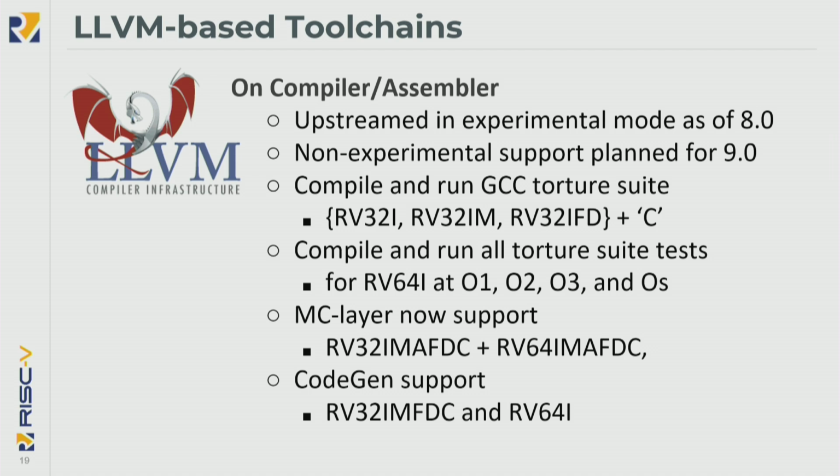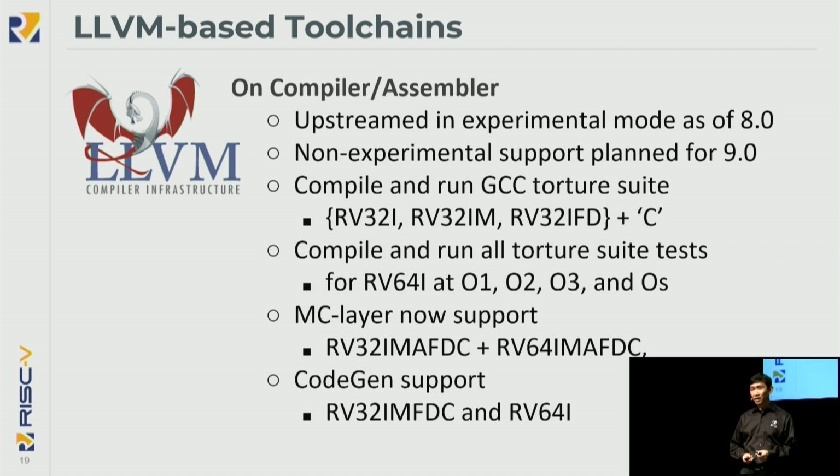Now, jumping away from the GNU-based toolchain for RISC-V support, in addition to what was done for the GNU toolchain, there has also been work done in the LLVM toolchain as well, where the compiler and the assembler now support RISC-V and have been upstreamed in experimental mode as of 8.0, with the intention that non-experimental support is planned for 9.0. What exactly does this mean?